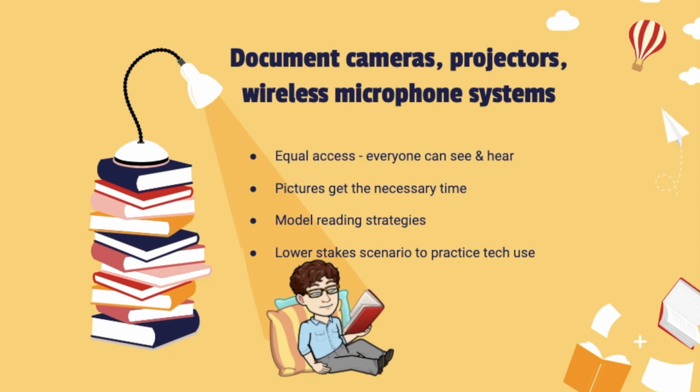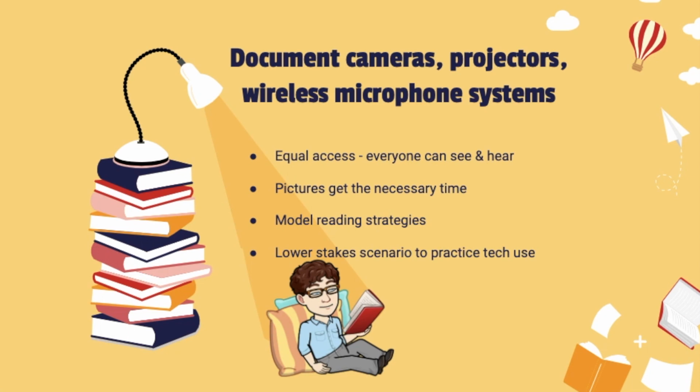Often that's paired with a projector setup or some sort of visual display, so they're able to show what's being captured on their document camera or iPad and project that up.